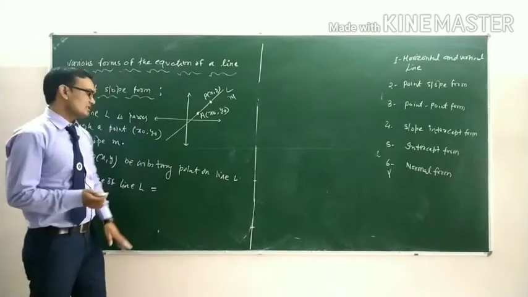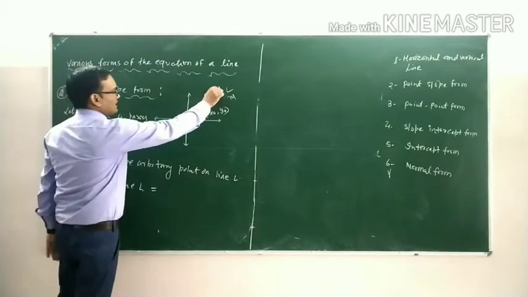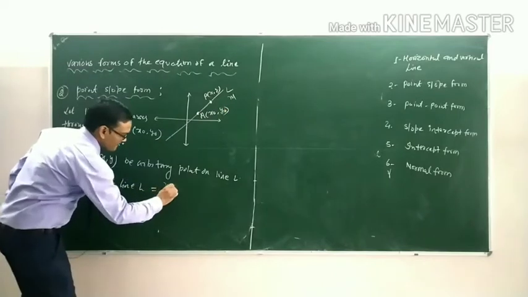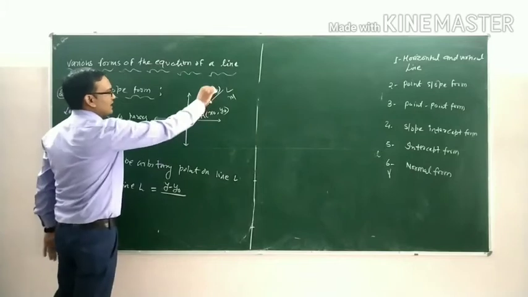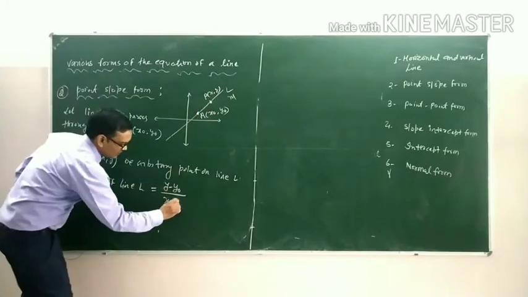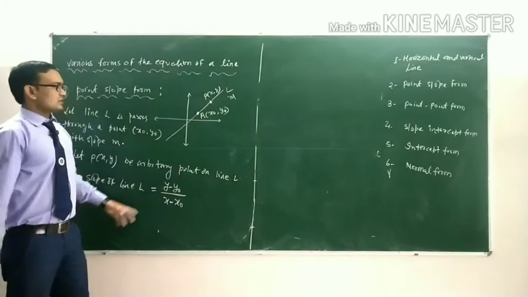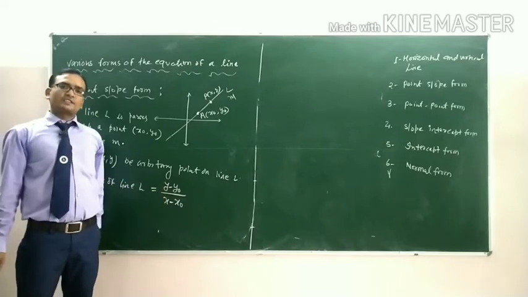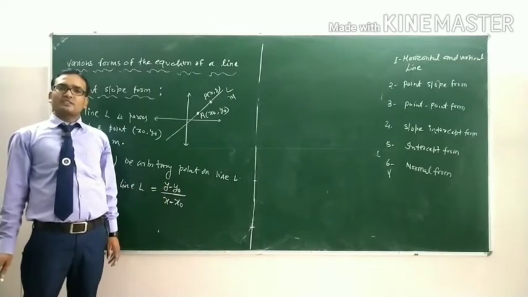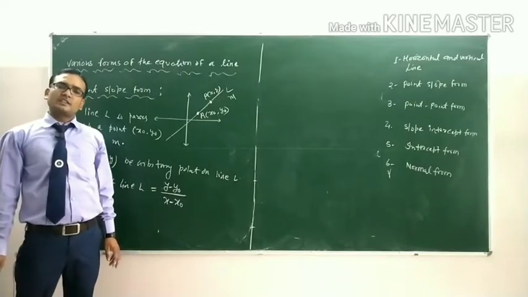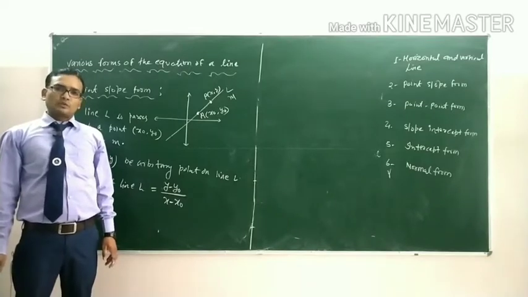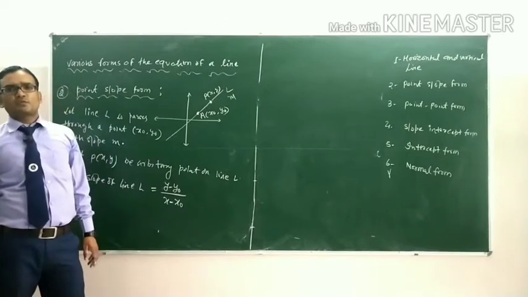Okay students, here y2 minus y1 upon x2 minus x1 is the slope of the line passing through two points. If the first is x1 comma y1 and the second is x2 comma y2, then m equal to y2 minus y1 upon x2 minus x1.